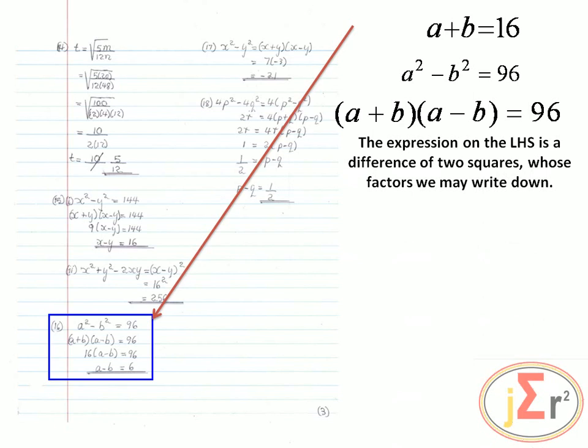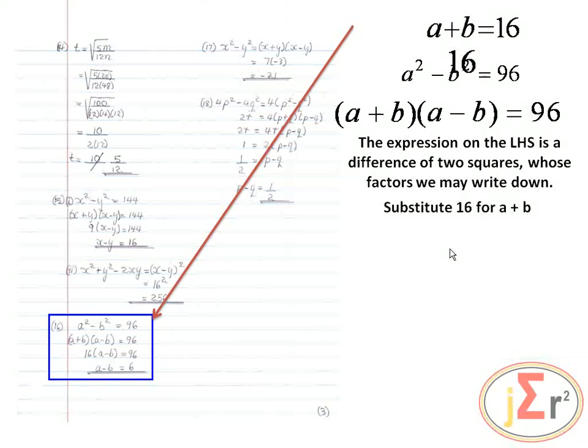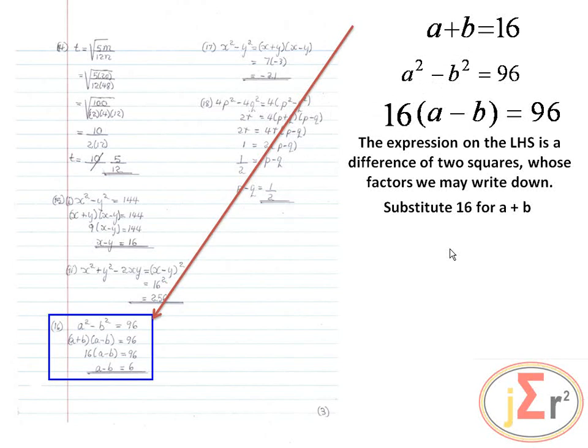The expression on the left hand side is a difference of two squares whose factors we may write down as we have them here and as we said before. All we need to do is substitute 16 for a plus b.